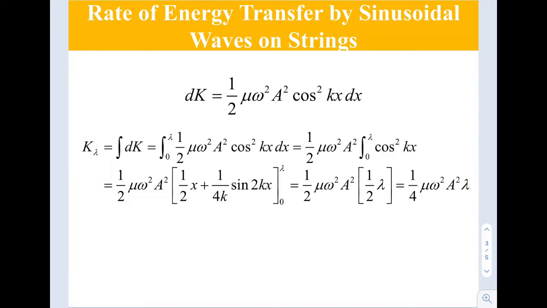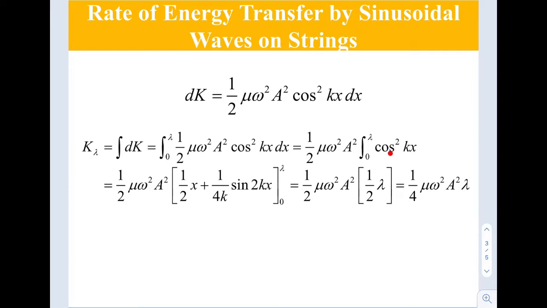Integrating this one, you will get this value. We integrate with respect to x, so integrating x we'll get half x, but it's multiplied by cos squared, so you have to integrate the cos squared.